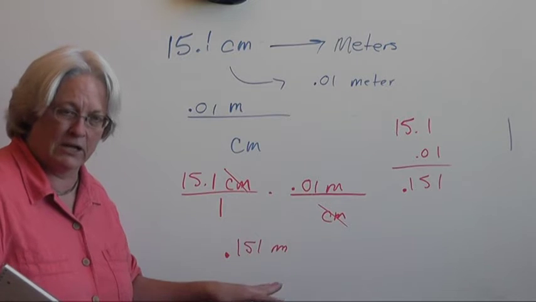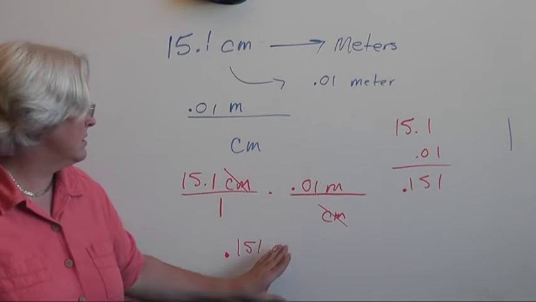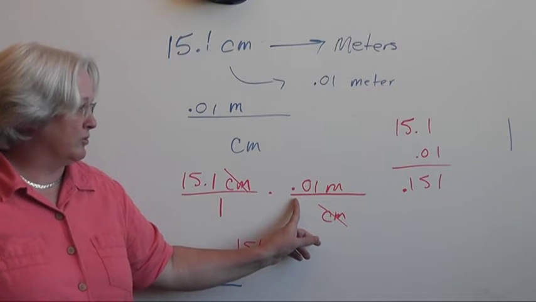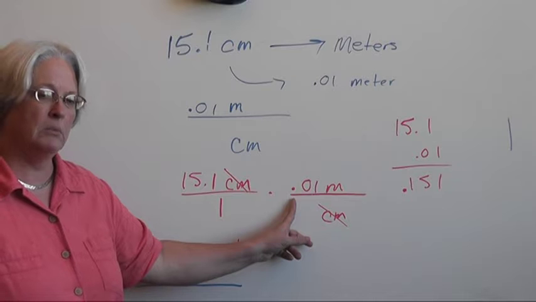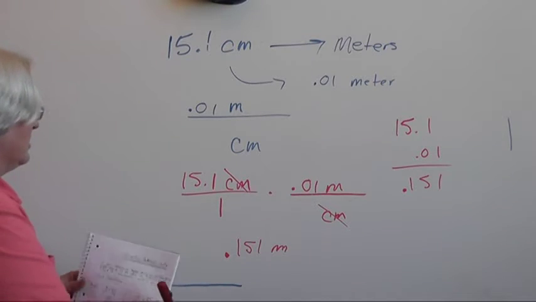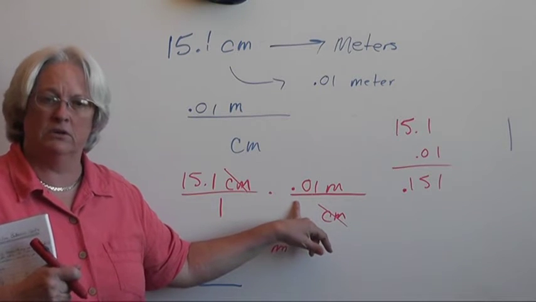Remember we said last lecture that numbers are meaningless without units. Now, what's another way that you could have multiplied by 0.01? If you don't know this yet, you're going to learn it soon, but 0.01 is 10 to the minus 2.